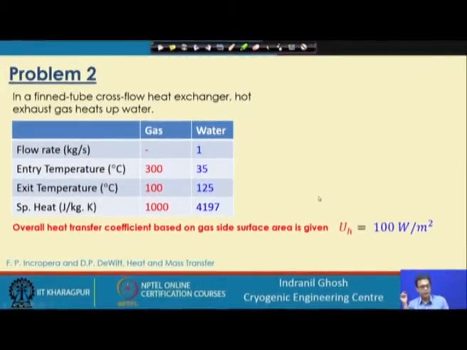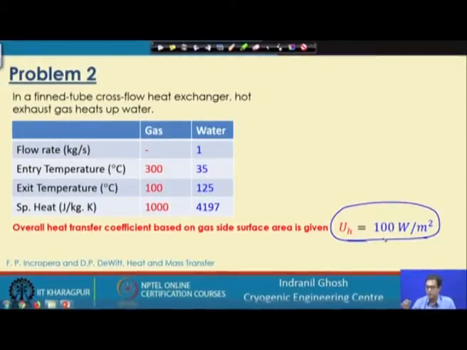the overall heat transfer coefficient based on the gas side surface area is also known to us, and that has been given to be 100 watt per meter square Kelvin. As you can understand, we have not been given the details of this finned tube cross flow exchanger, such as the tube side diameter or the number of fins used.